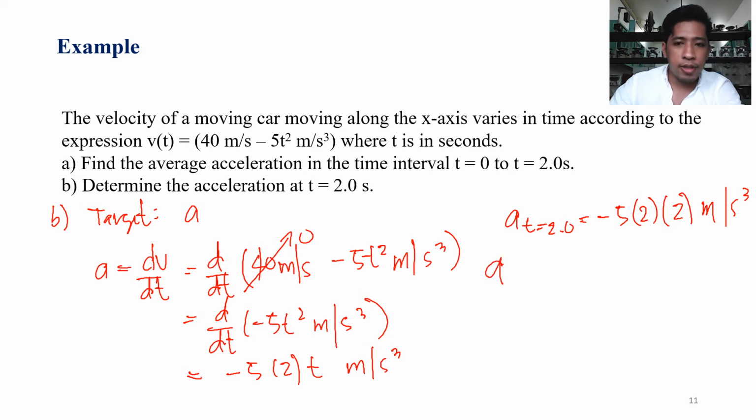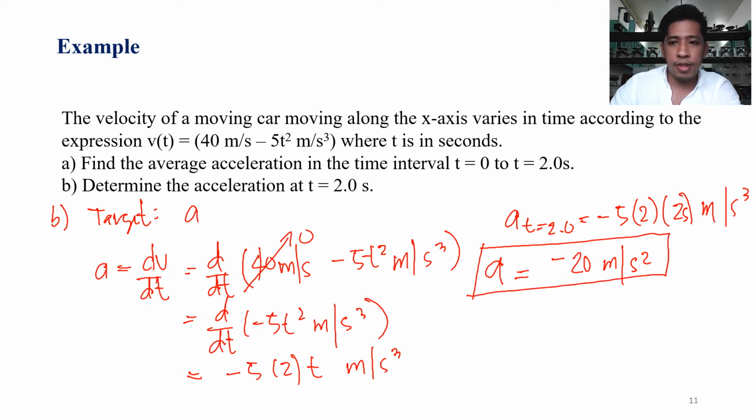Your acceleration is equal to negative 20 meters per second squared. It's just a square because your seconds here is cancelled by another second here. So it's negative 20 meters per second squared. For those of you who have no background in calculus, you can skip this part here.